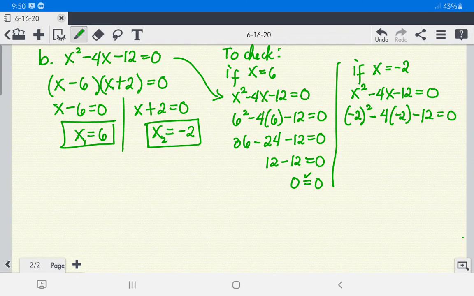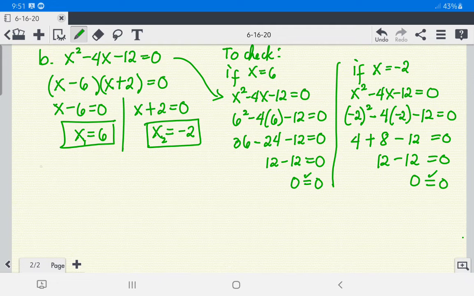Then, negative 2 squared, or negative 2 times negative 2, that is positive 4. Negative 4 times negative 2, we have positive 8. Then minus 12 equals 0. 4 plus 8, we have 12. Minus 12 equals 0. So we have a true statement.